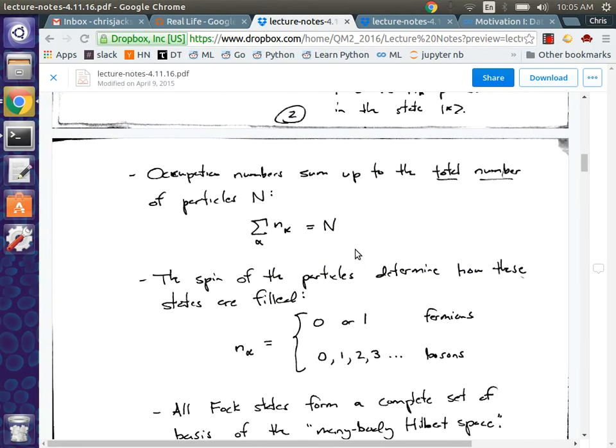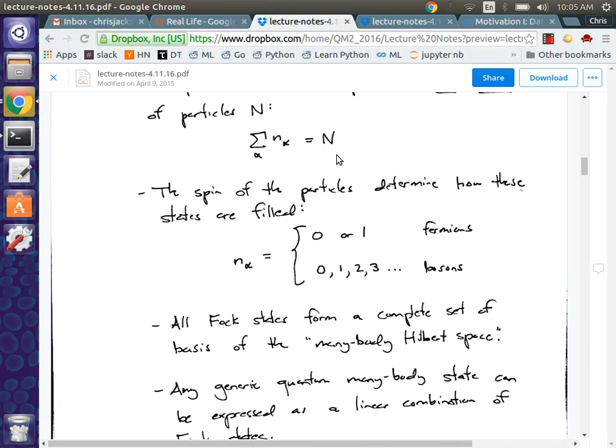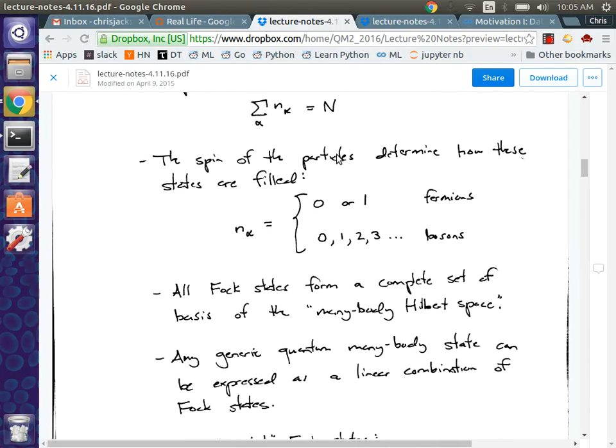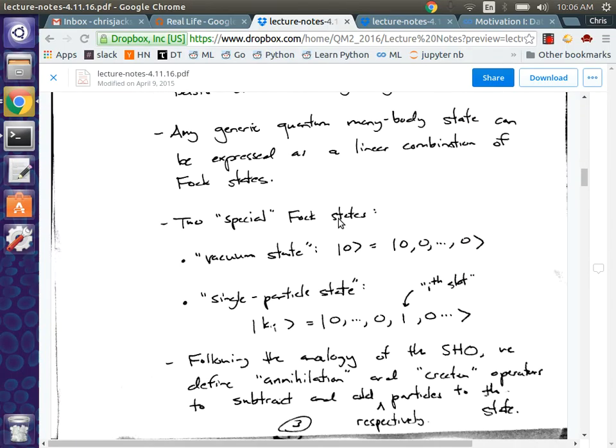So basically you just keep track of how many particles have whatever eigenvalue that you're interested in. And the sum of these occupation numbers better sum up to be the number of particles in your system. For fermions, these can only be 0 or 1, right, because of the Pauli exclusion principle. However, for bosons, they can be any number. You can pile as many bosons as you want in one of these buckets.